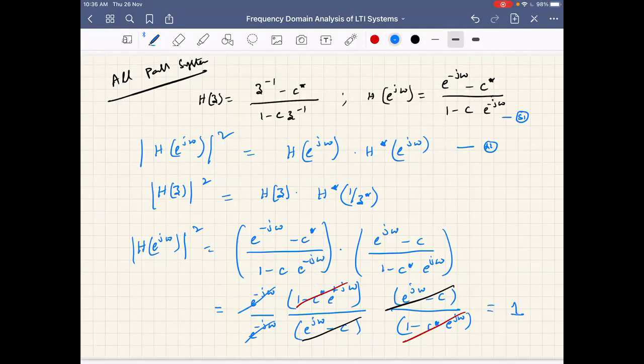That means 1 for all omega, please note that. So the magnitude response of the system, if we define the system response like this, is 1 for all omega. What does it mean?